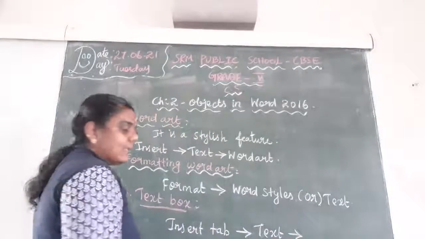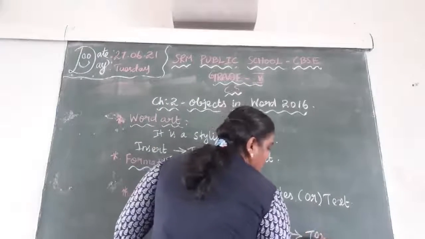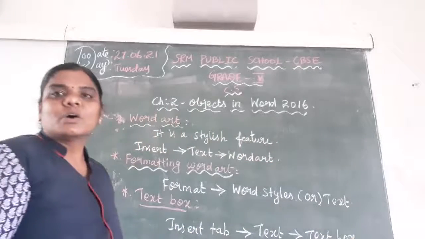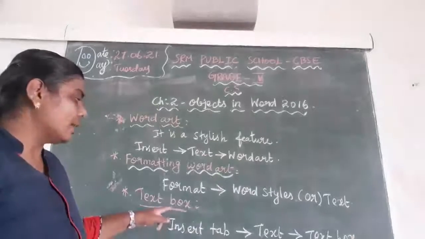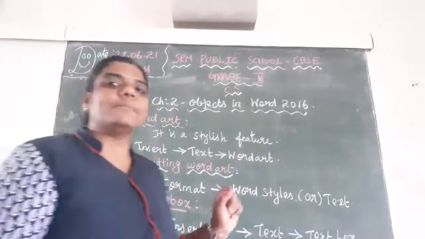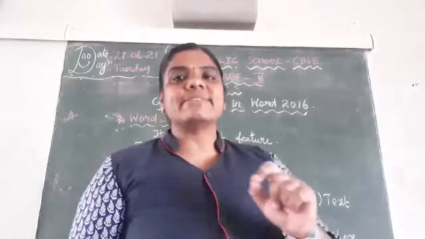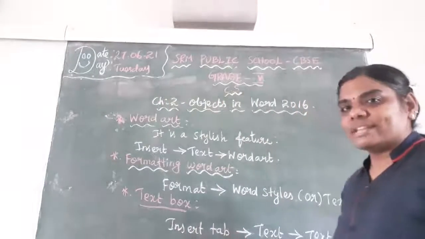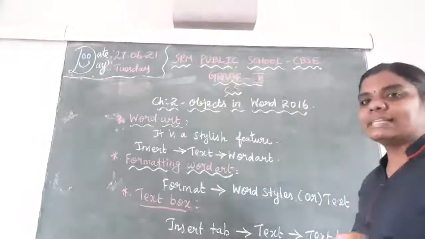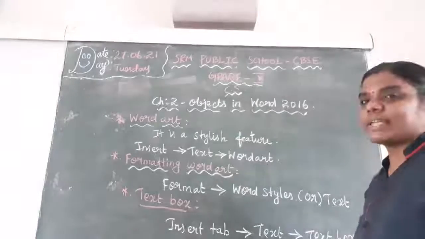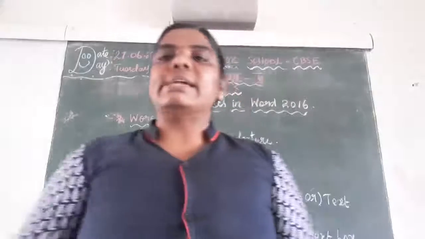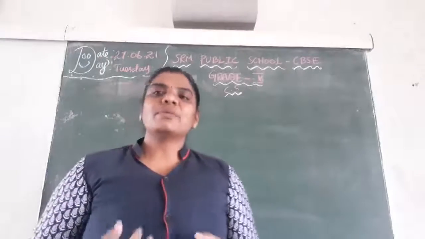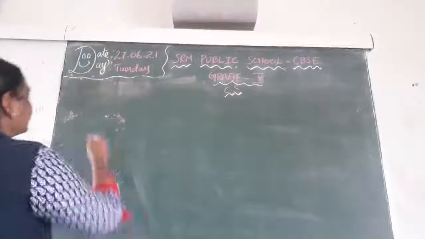Text group. In this group only we have the option text box. So text box is used to type the text. First we go to insert tab, then text group, and in this group we click the option text box. Understand?